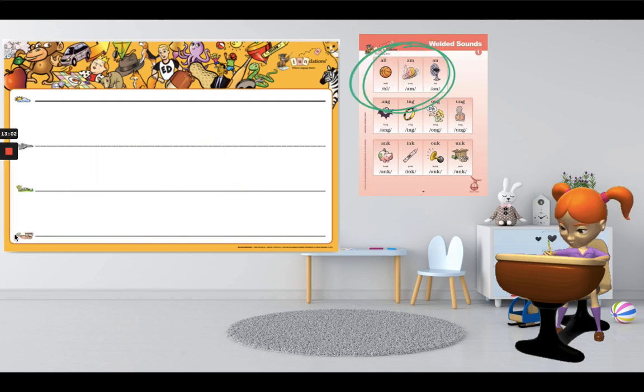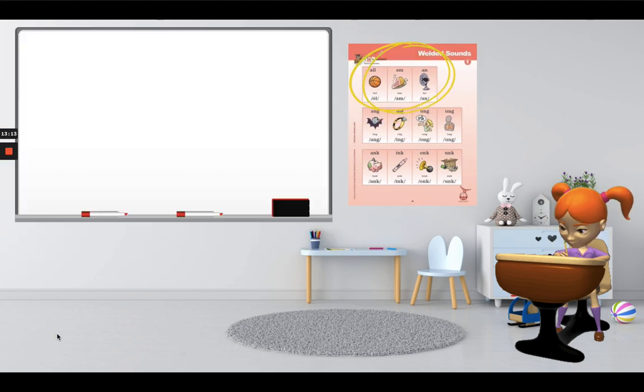Great job, first graders. One more thing before we're done for the day. We are going to write a sentence. On your dry erase boards, I'd like you to write the sentence, does Sam have a bad rash on his leg?